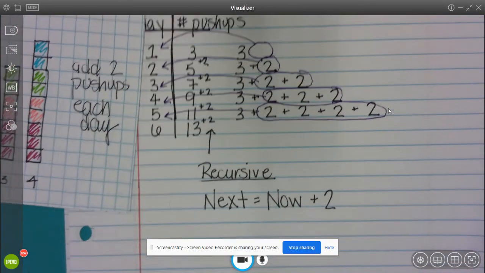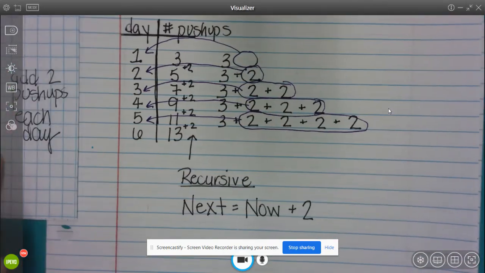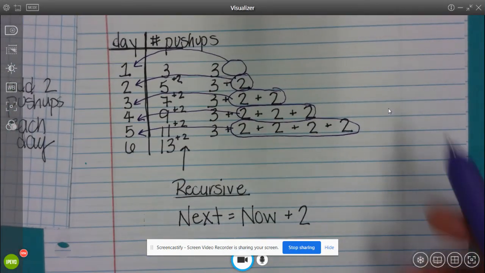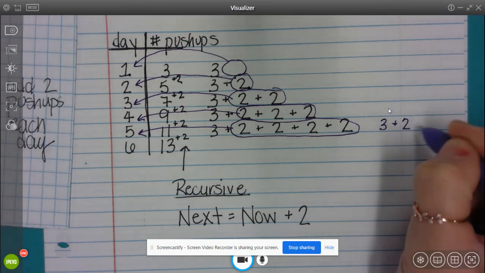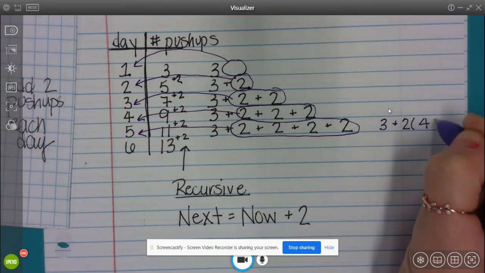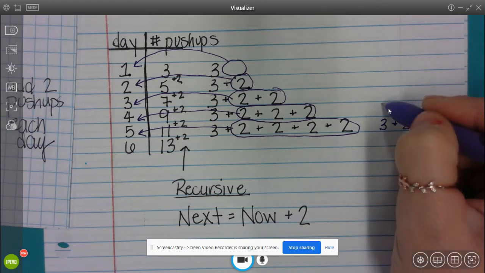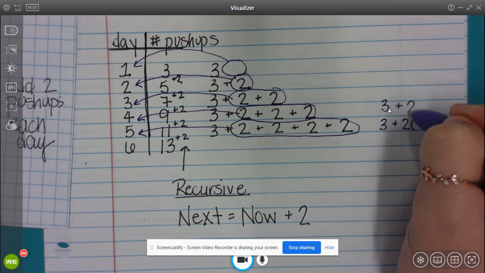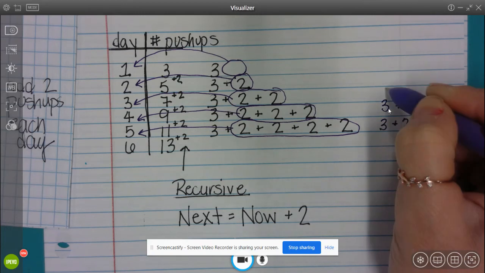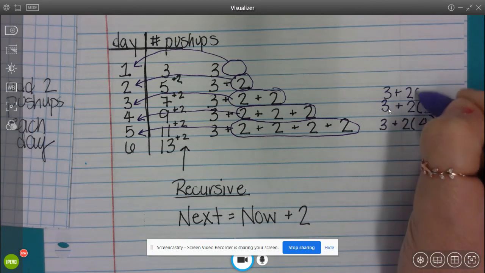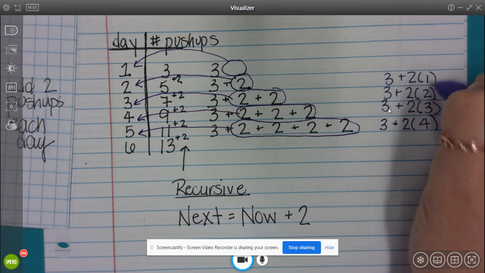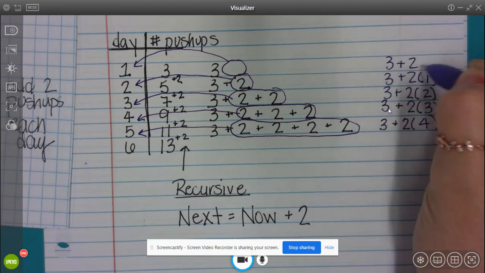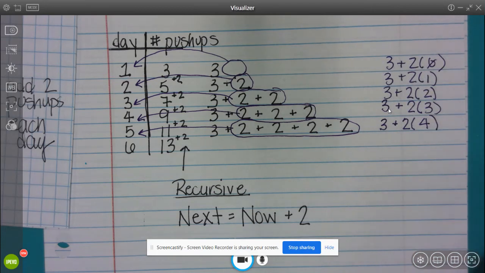Well, the number of push-ups, this is like 3 plus 2 times 4. This is like 3 plus 2 times 3. 3 plus 2 times 2. 3 plus 2 times 1. And 3 plus 2 times 0.